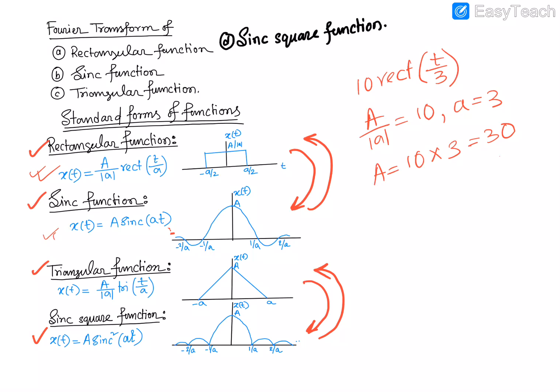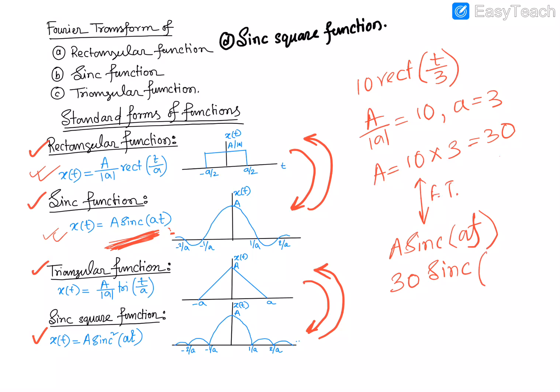The Fourier transform will be the sinc function, and the format will be A sinc af, not t, af. So your capital A is 30 and small a is 3, so 30 sinc 3f.